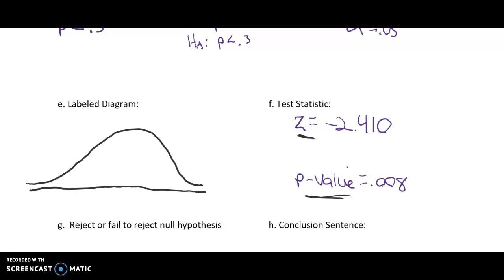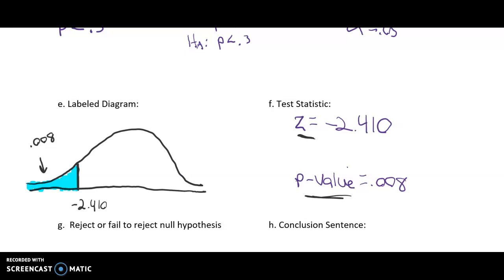We had a less than sign, so we're going to have a left tail test, and our z-score that we came up with goes with that, negative 2.410, and we'll shade to the left of that. And our shading represents the value of 0.008 being shaded.